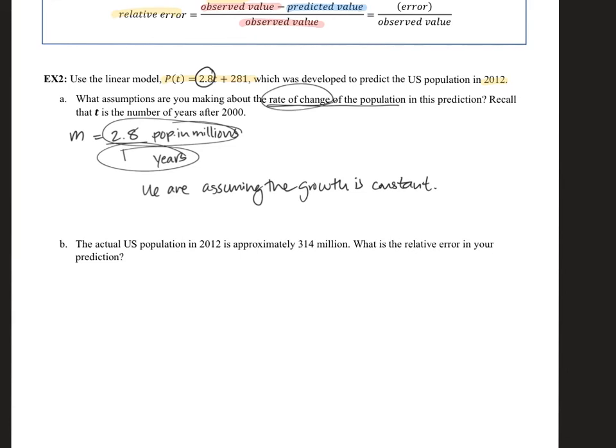Alright, so what we found out for part B is that the actual U.S. population in 2012 is approximately 314 million. What is the relative error in our prediction? What we're going to do first is find out what our prediction is going to be. So first let's predict.